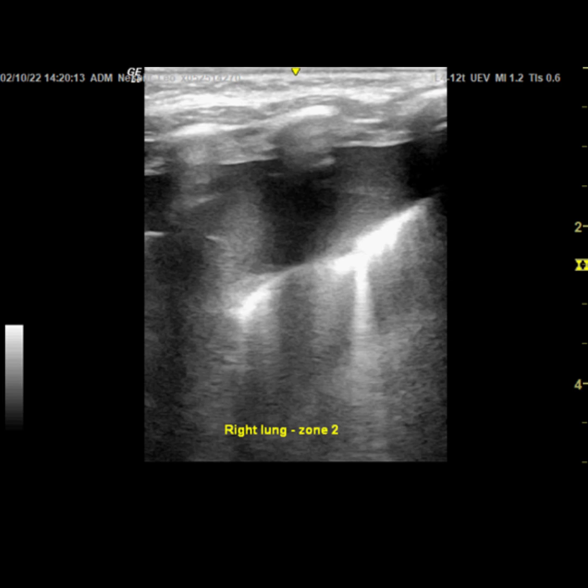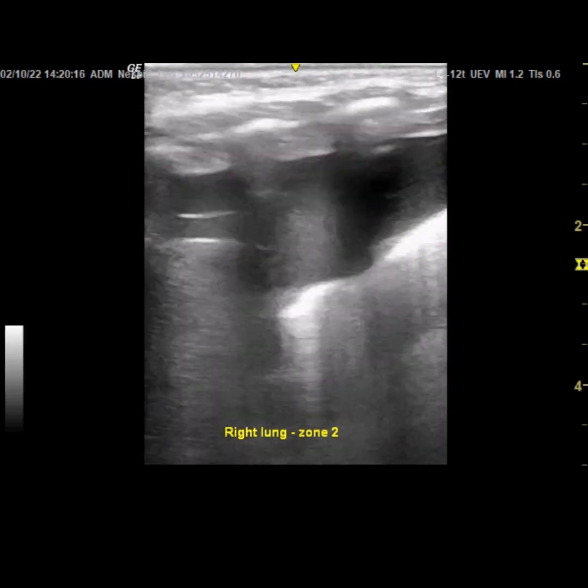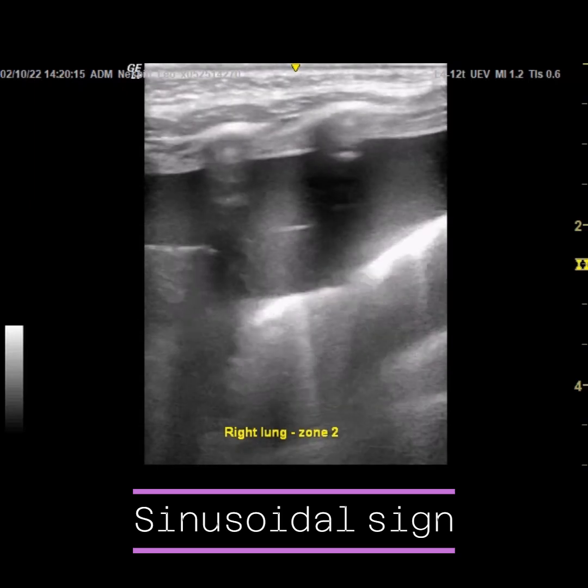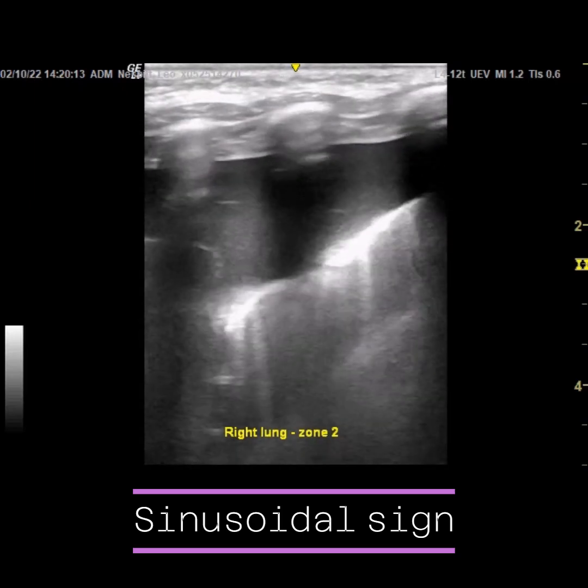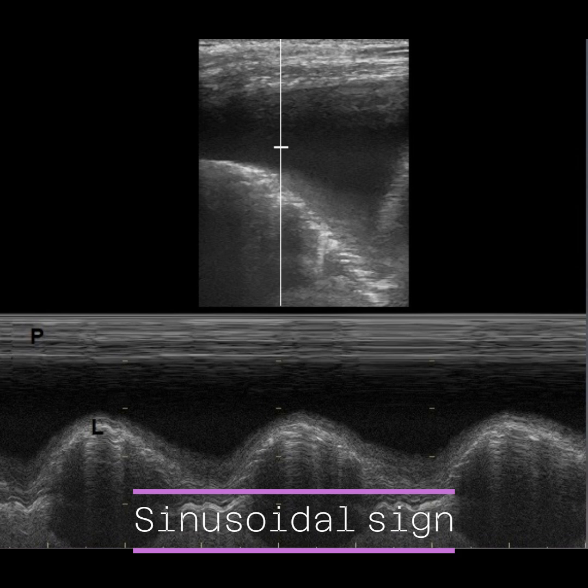Now, at times these anechoic effusions can be a little bit misleading and difficult to differentiate whether it is truly fluid that you're looking at or lung tissue beneath. So one nifty tool that I've utilized in the past is something called the sinusoidal sign on M mode. What we do for this is place the M mode cursor through this anechoic region, which plots movement or distance against time on the two axes.